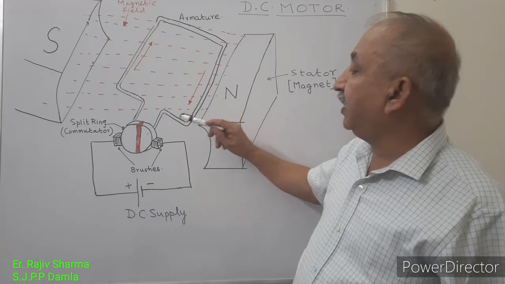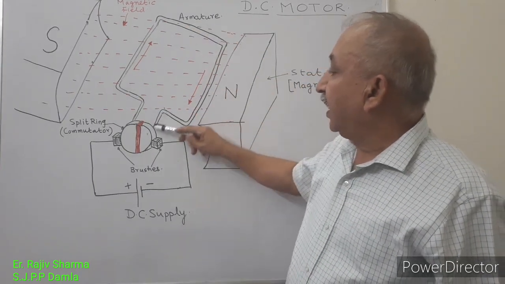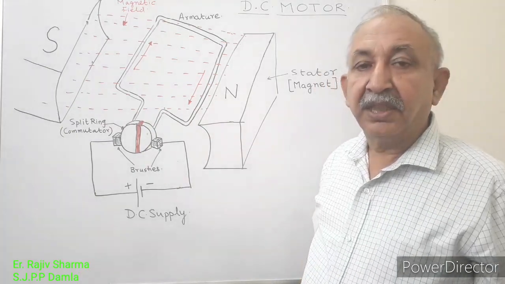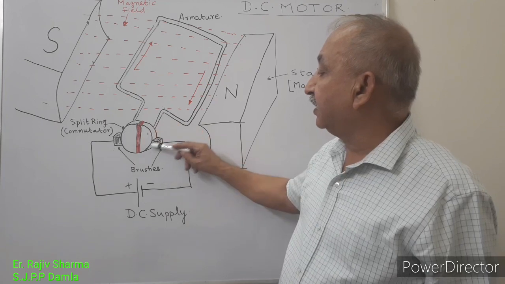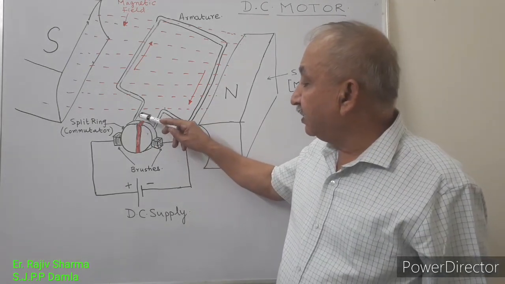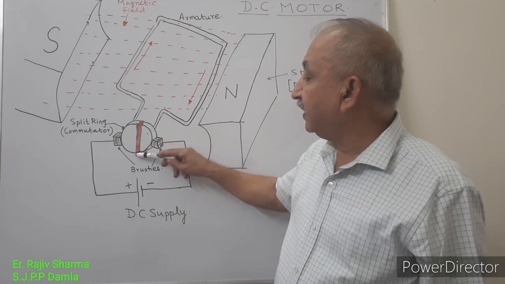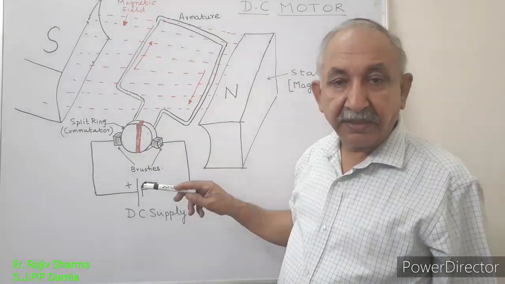In this magnetic field we have placed one conductor, and to pass current through the conductor we connect the two ends of the conductor with a ring which has been insulated in the center, or we can say which has been split into two parts.